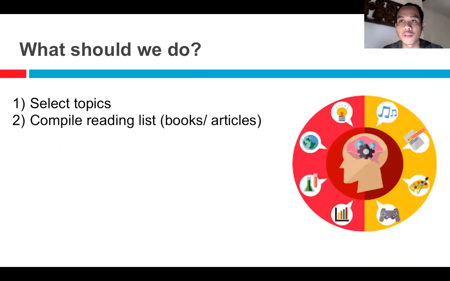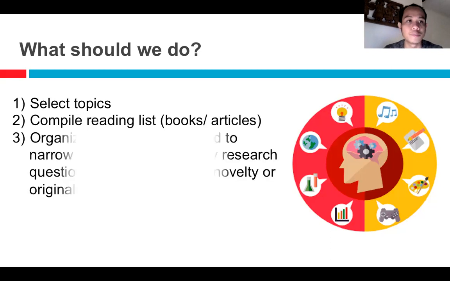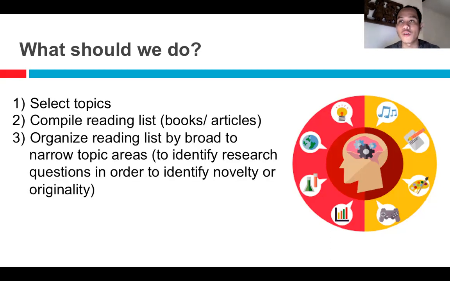If you have already found the topic, compile the reading list, as many as possible. It could be books, articles, or many things related to the information connected with the topic. Then after you have conducted all the reading, organize the reading list from broad to narrow topic areas.